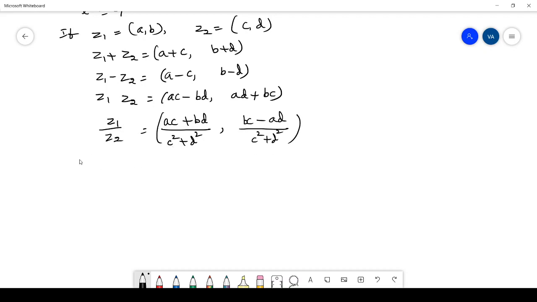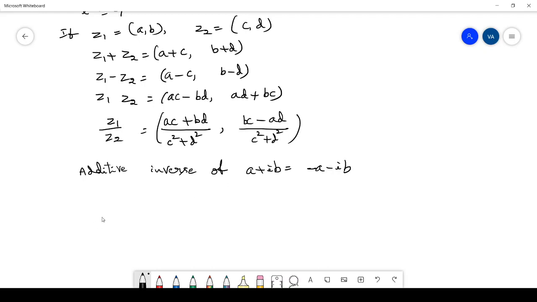And the additive inverse of a plus ib is minus a minus ib.